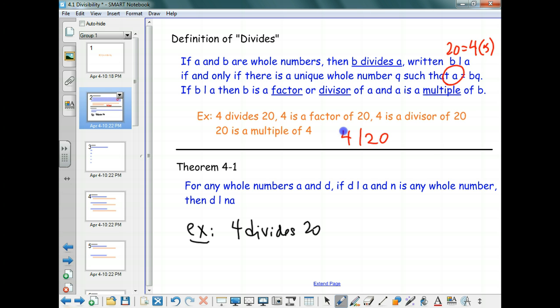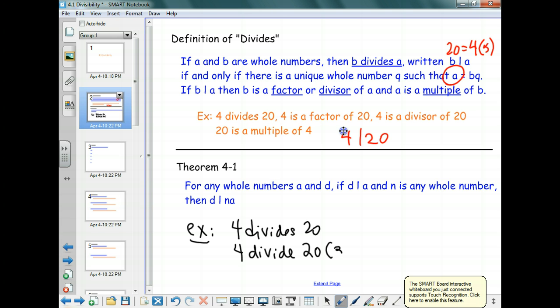Well, that means that 4 is also going to divide 20 times 3, or 20 times 4, or 20 times 15. 4 will divide 20 times any other whole number because 4 divides 20. So it's automatically going to divide 20 times something. That's all that theorem says. If a number divides something, it's going to divide any multiple of that thing as well. So that's the first theorem.